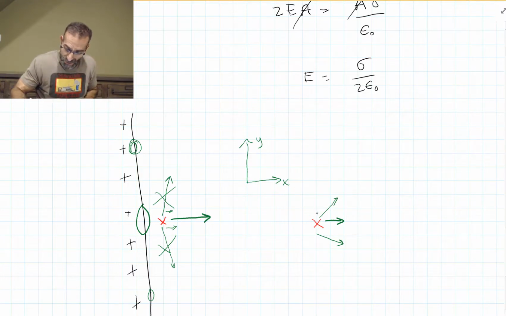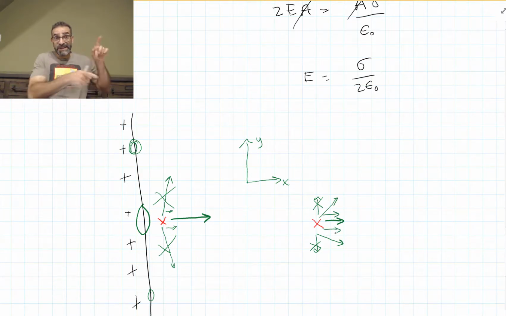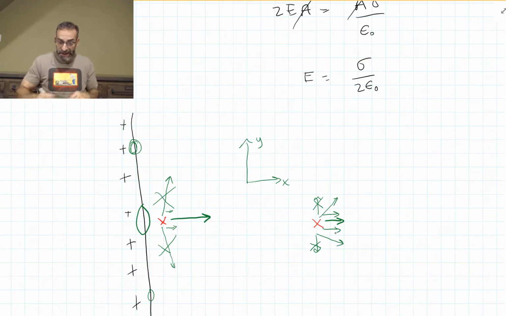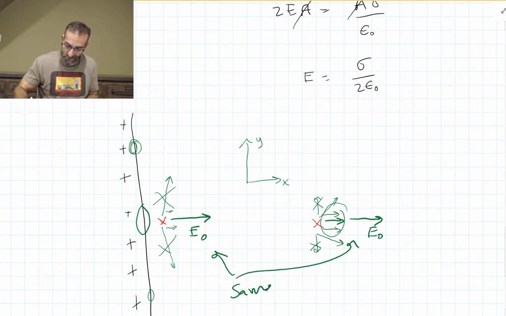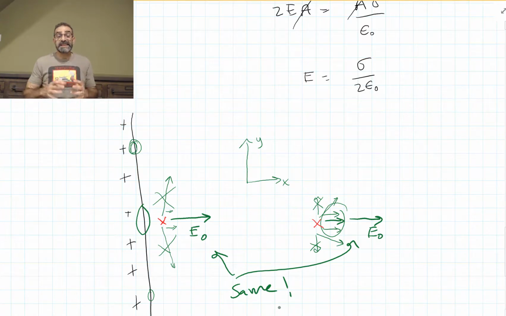So the y components cancel, but the x components don't. And those x components are a little more significant now than they were when we were close to the wall because the angle was so steep there. And it turns out that all this stuff adds up and gives you the exact same electric field you had here. The electric field is constant.